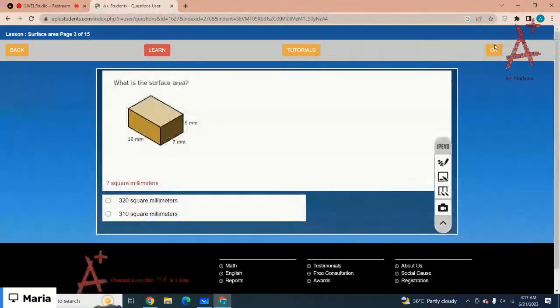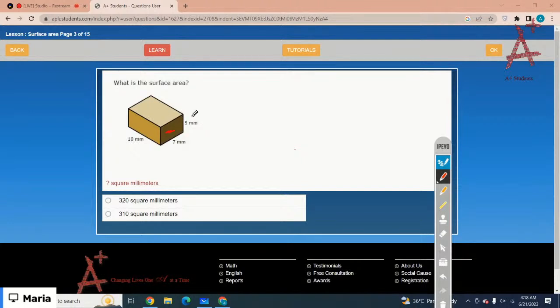Okay, what is the surface area? Let's just calculate the area using the pairs of faces.